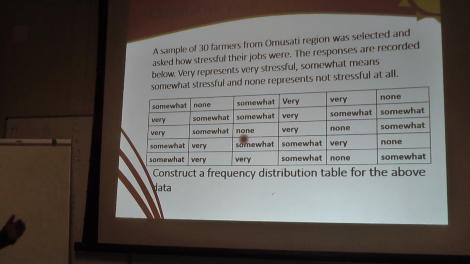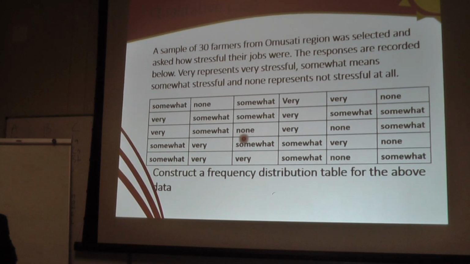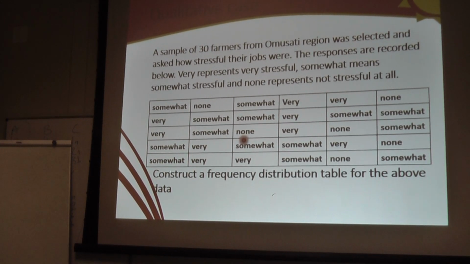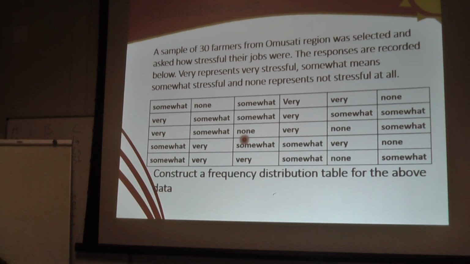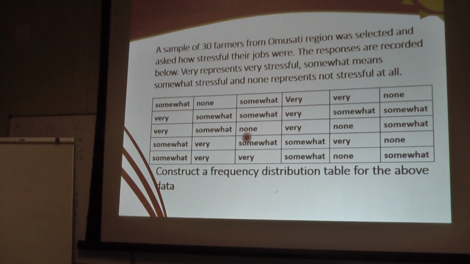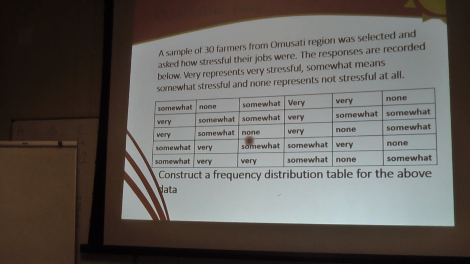If we are to decide whether the farmer likes their job or not by merely looking at this table, you cannot tell how many said they are very stressed by their job, how many said they are somewhat stressed, and how many said they are not stressed at all. It is very, very difficult to make a decision by merely looking at this table.